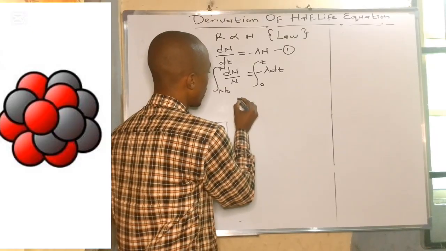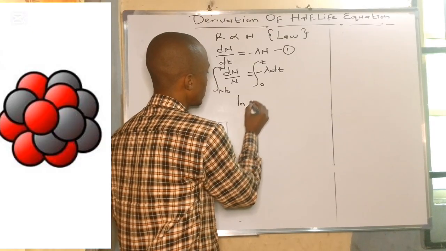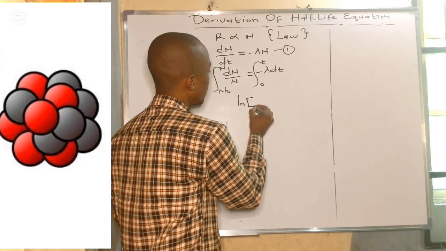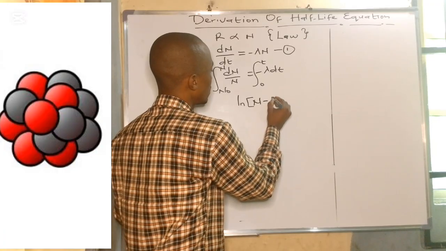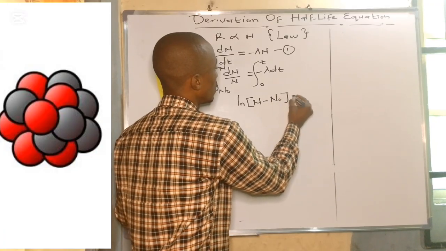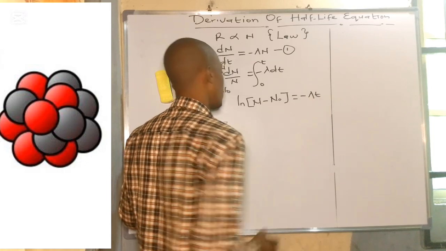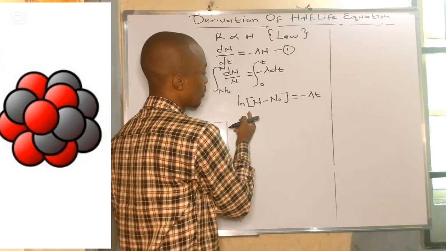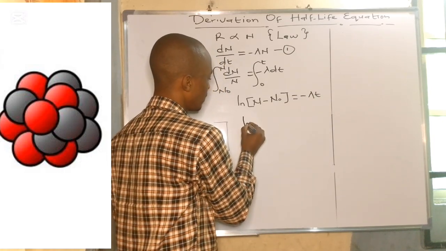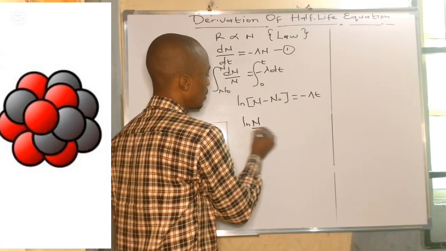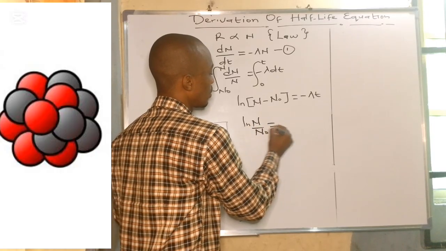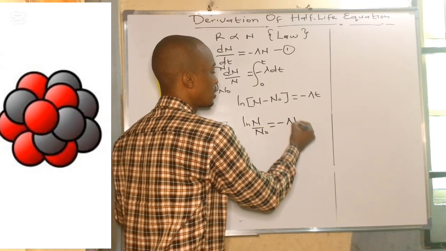If I integrate this, I'm going to have ln N minus ln N naught equal to negative lambda t. If I apply the laws of log here, I'm going to have ln N over N naught equal to negative lambda t.